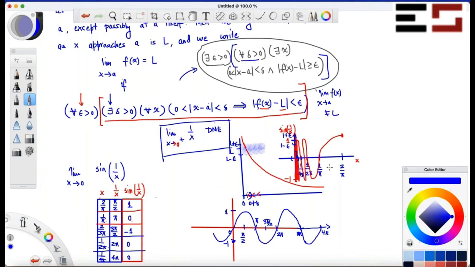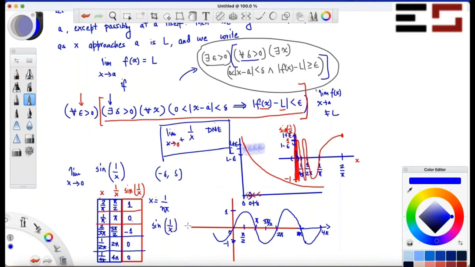So this is kind of a graphical way of thinking about it, but let me give you the precise argument. Do you agree that if I consider minus delta to delta, and I know this 1 by n pi, what is the value of sine 1 by x if x is 1 by n pi?